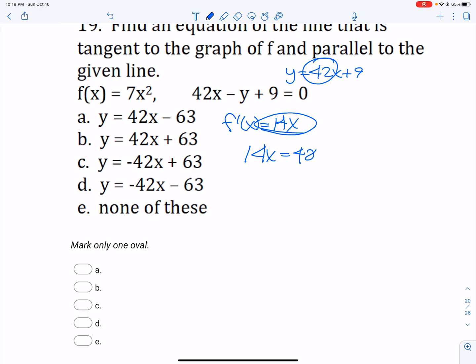So then I get x is equal to 42 over 14. So that reduces by 7. That's 6 over 2, which is 3. So if x is equal to 3, then y is equal to... Then I get 63.